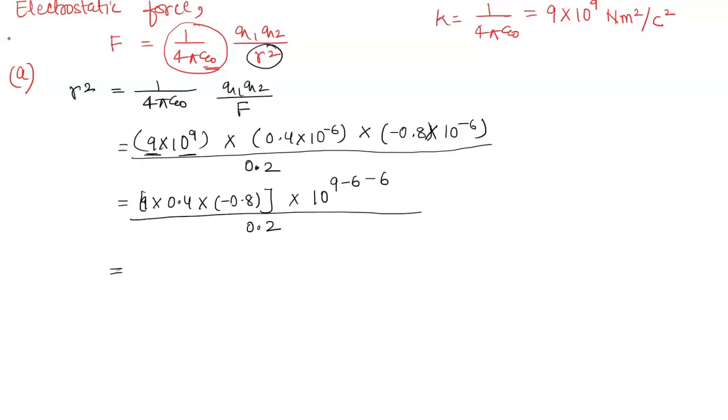The decimal points cancel out, so we get 9 into 4 into 8 divided by 2. Two 4s are 8, so 4 4s are 16, into 9.